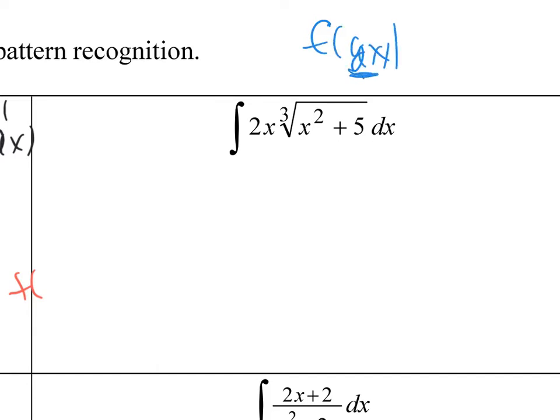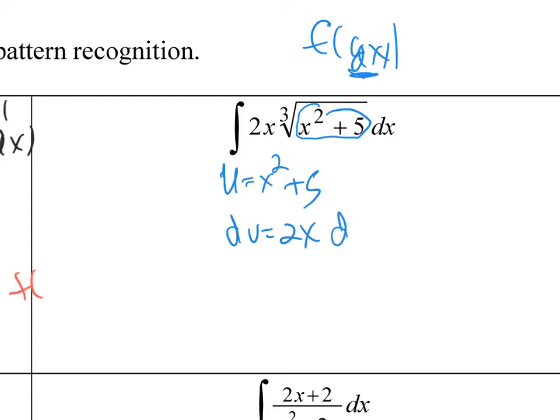So u has to be whatever is embedded into the original. It would make sense to say that u is equal to x squared plus 5. And du would have to be a 2x, with respect to x. So I am looking here, and I see a 2, and I see an x, and I see a dx.